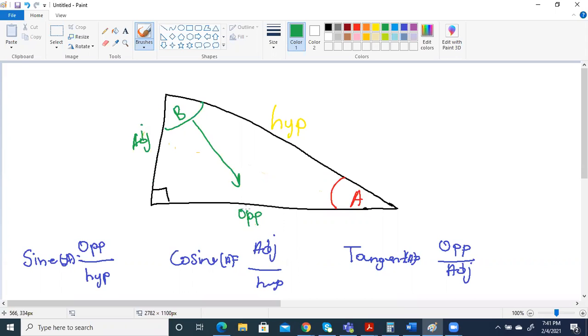So the key thing that I want you to take away here is that when you're dealing with these trig ratios, the opposite and the adjacent are sides, and they are sides in relation to an angle that is not the right angle, right? So in this case, these are angle B that I showed you and angle A. And really and truly, a triangle only has three angles, two other ones from the right angle.